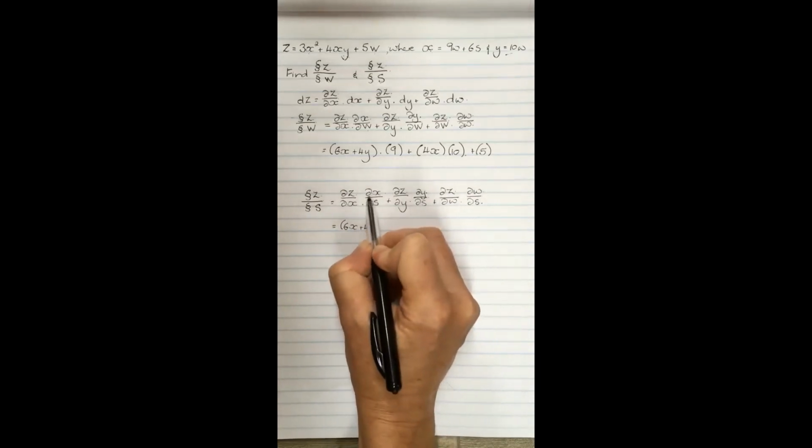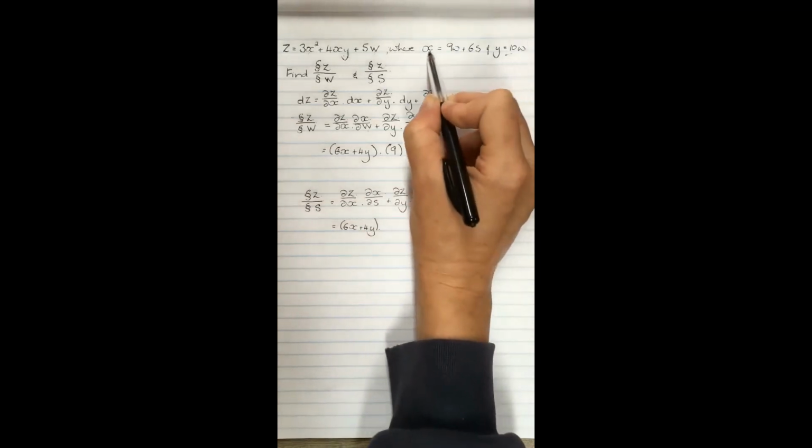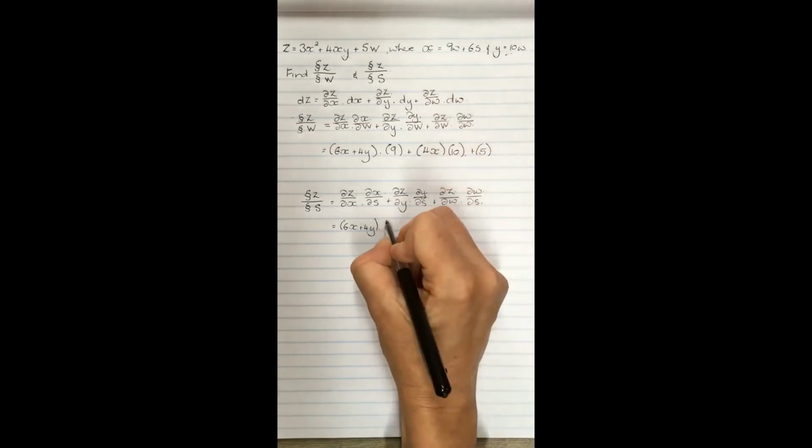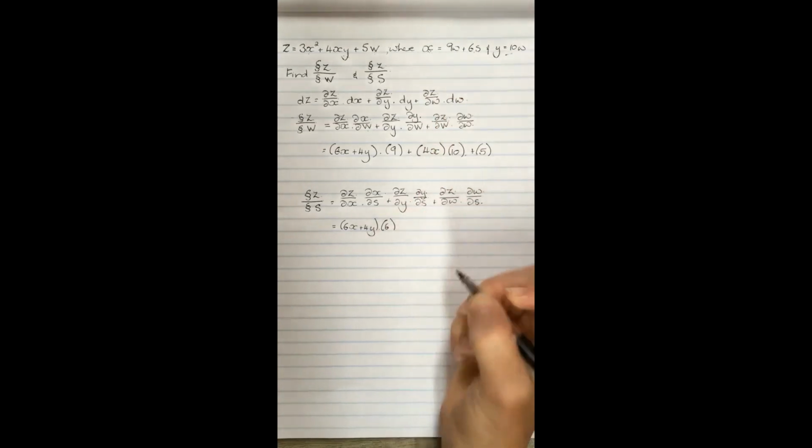And here, the partial derivative of x with respect to s now. So we would end up with 6.